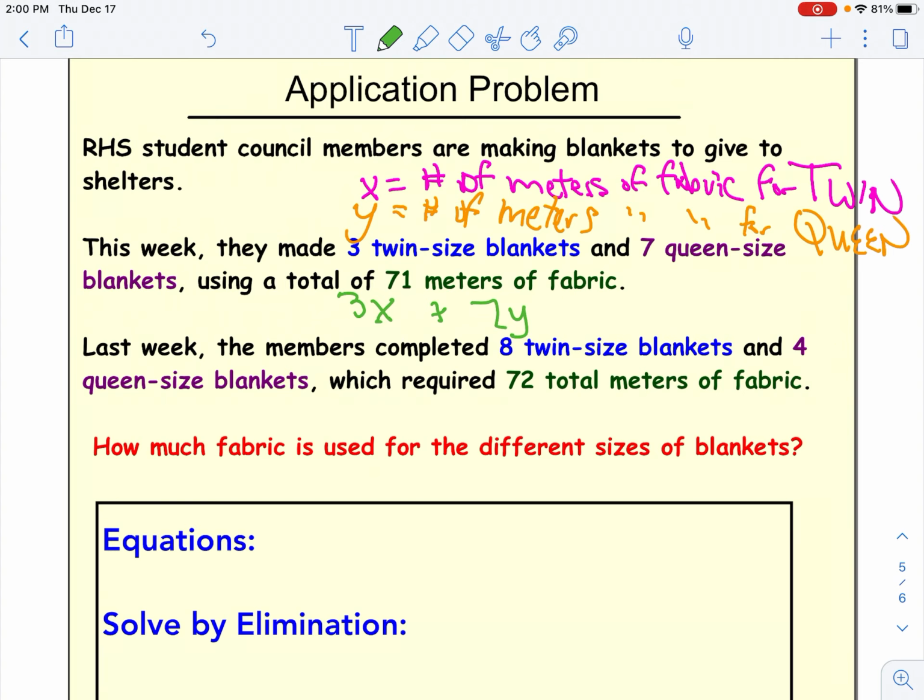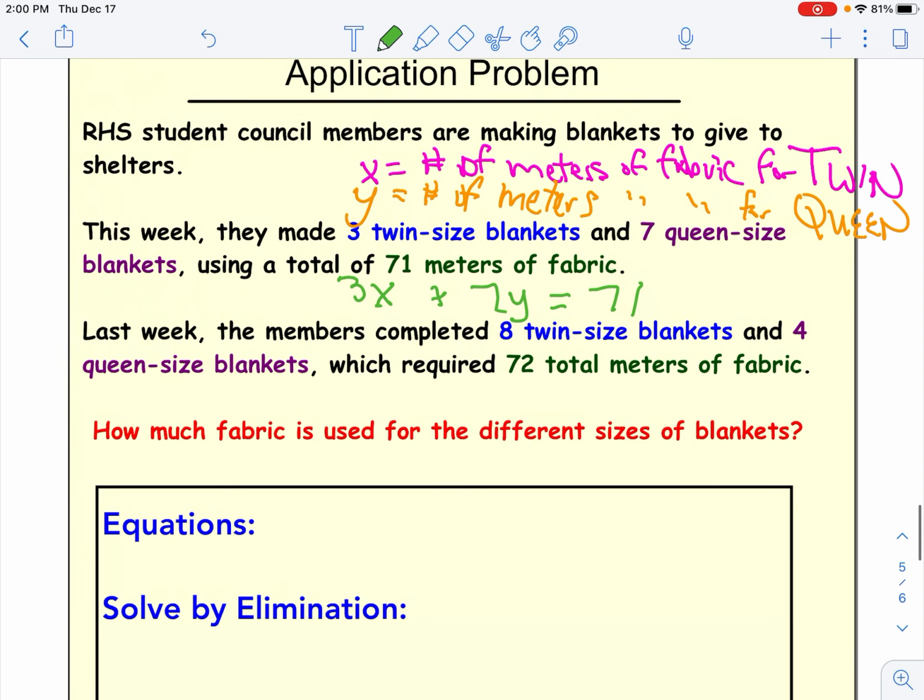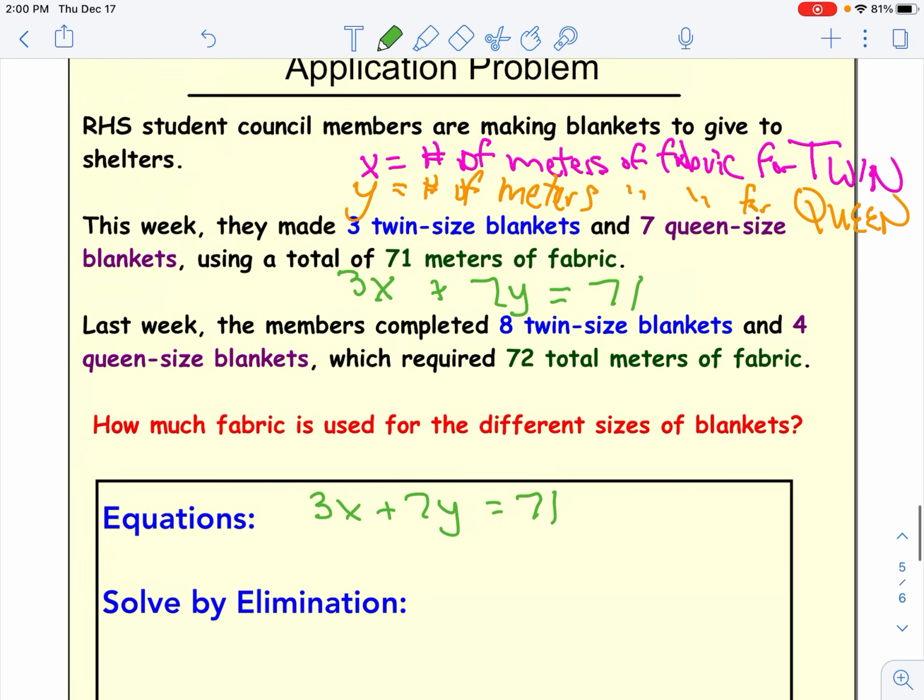So again, if it was 10 meters for the queen, it would be 70 meters total. But we know that those aren't the values that work, because they only use 71 total meters of fabric for that scenario. So now we can go ahead and set up an equation, so I'll put that down as our first equation. So 3x plus 7y equals 71.